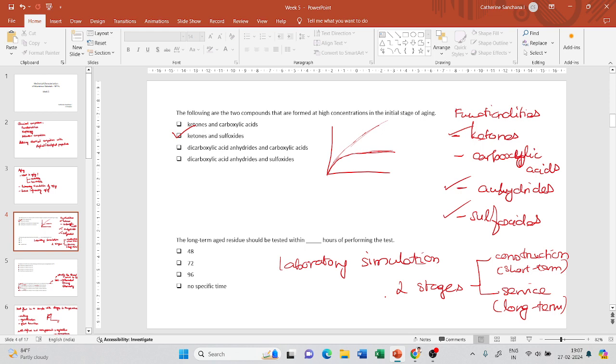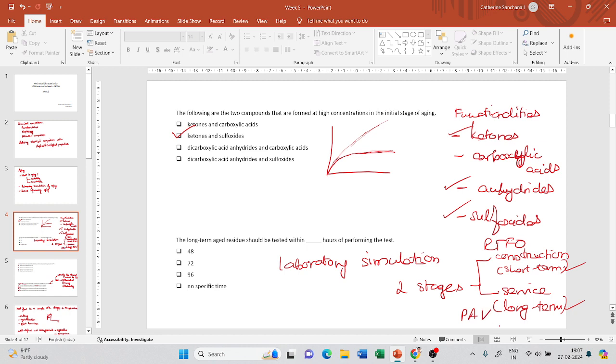And I told you there are two types of laboratory simulation. One is short-term aging and the other is long-term aging. Short-term aging we do by a rolling thin film oven, and long-term aging we do using a pressure aging vessel.